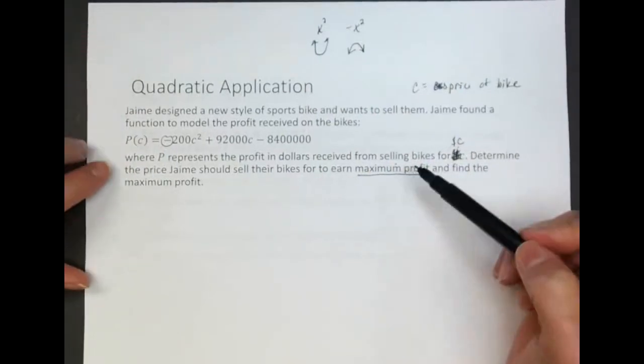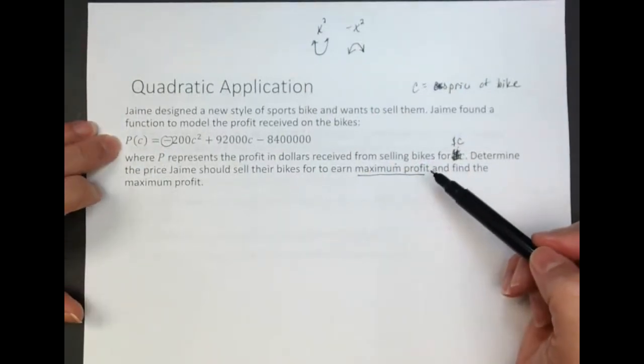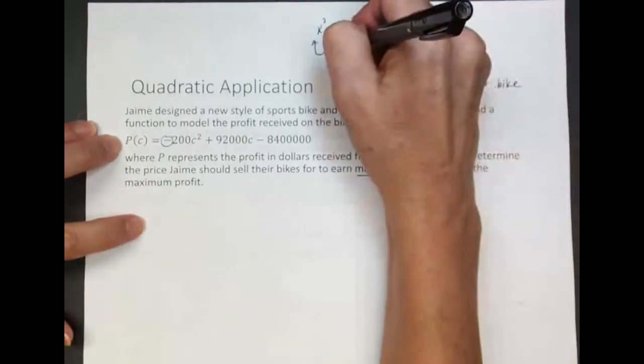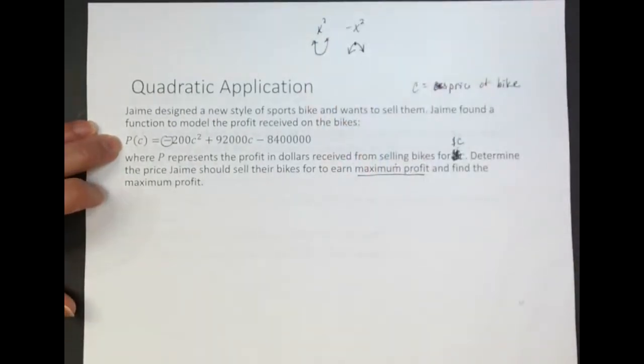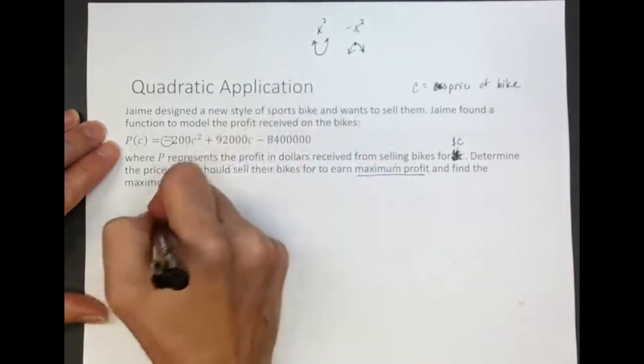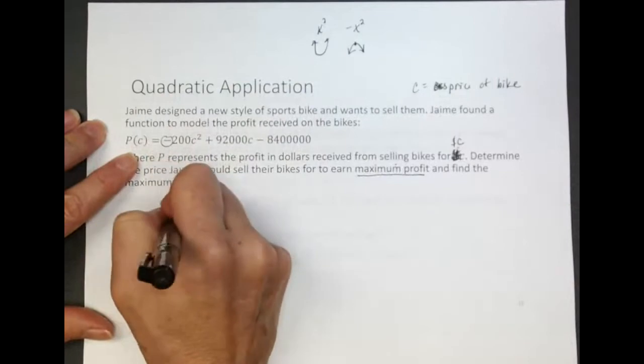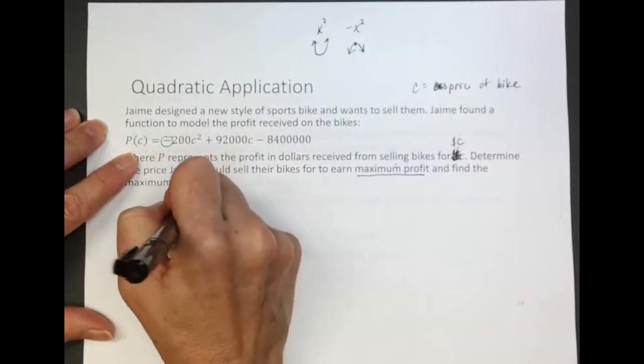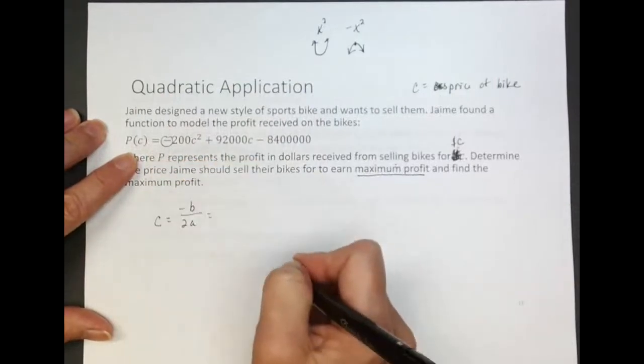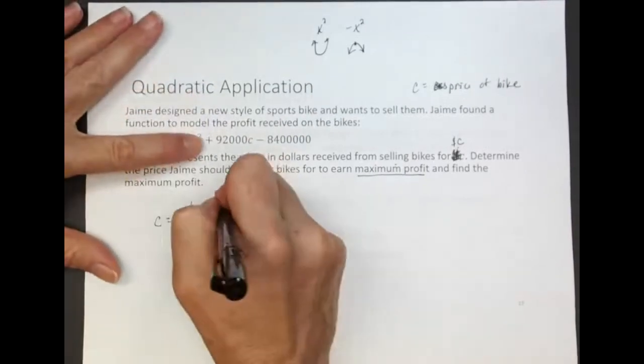So we know that the maximum output of this function, this profit function, is going to be the vertex of that parabola. So let's just go ahead and find the vertex. That should tell us what it is, right? Well, the x-coordinate, or in this case, the c-coordinate, is going to be negative b over 2a. Well, what's b? B is 92,000.